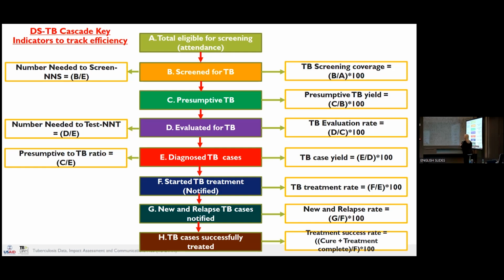You've probably had these screening programs, and one of the indicators that we planned is the number needed to be screened and the number needed to be treated. And we see how we need to calculate this figure. So it's the number needed to screen, NNS. It is B divided by E.